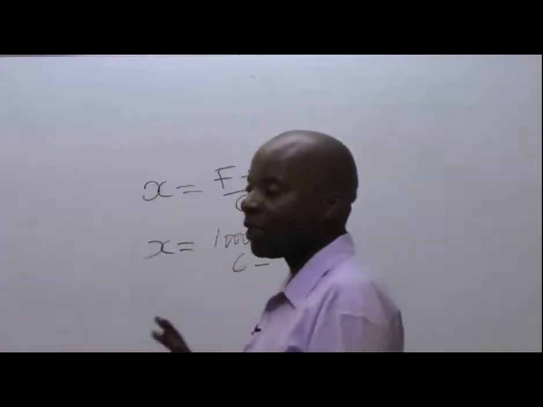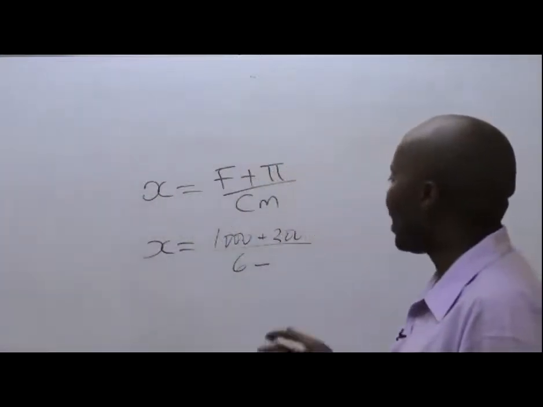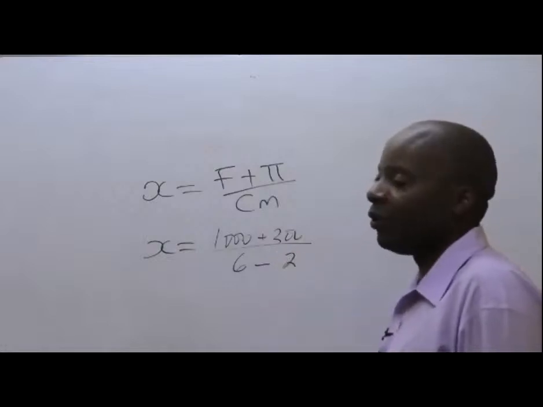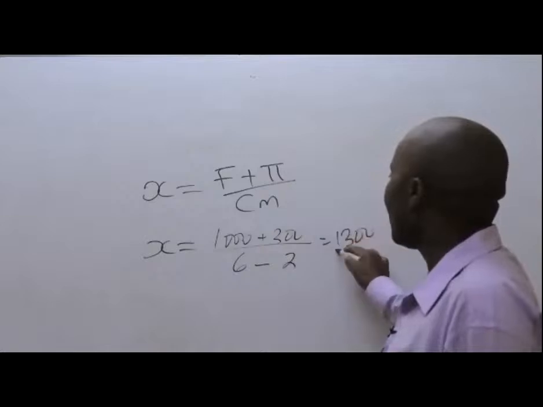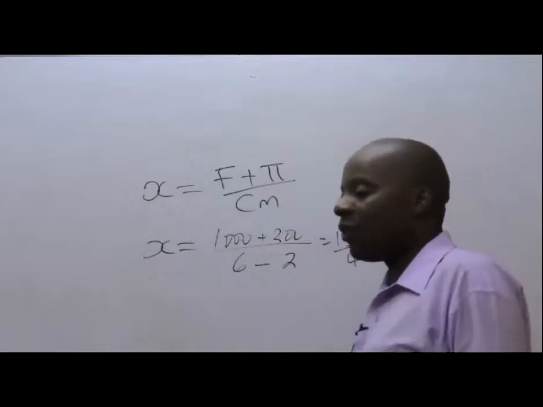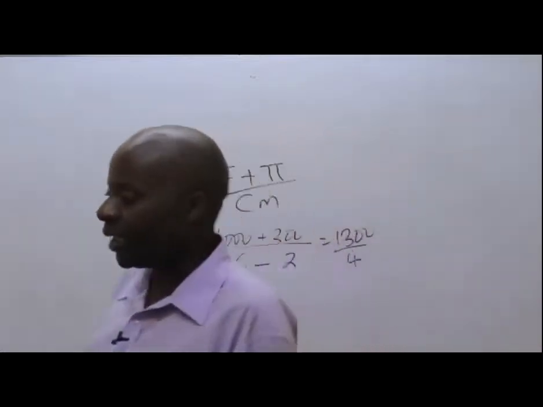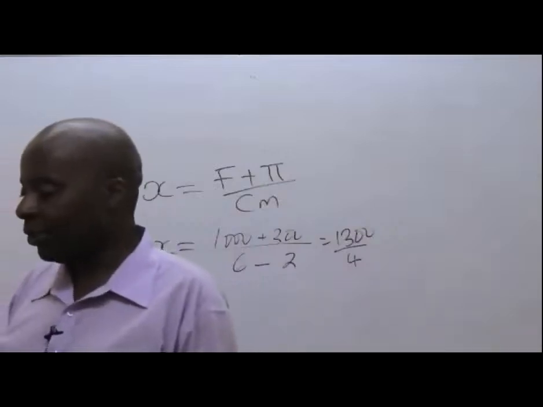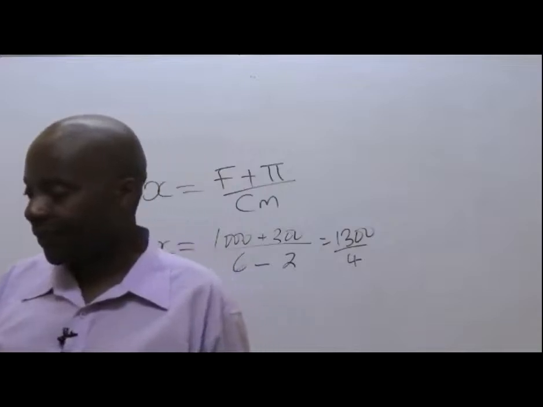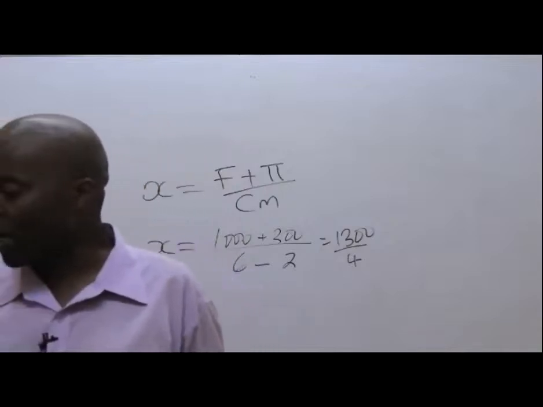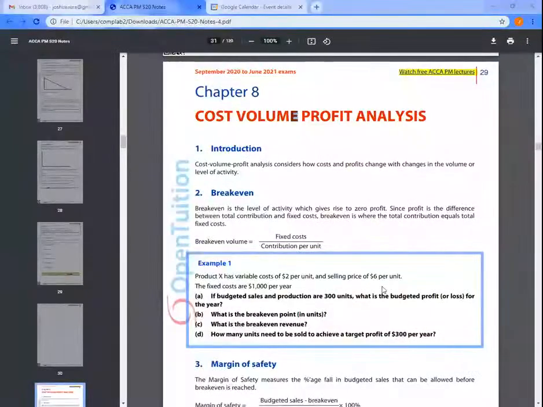So it will be 6 minus variable of 2. Then this will give me 1,300 divided by 4. Could you kindly confirm that these ladies who gave us figures there were correct? 325 is what they got.